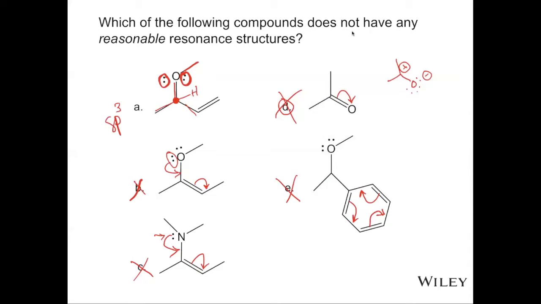There's no place for it to go. It cannot move into, because this is sp3. So A is your correct answer because there's no allylic lone pair. There's no allylic carbocation. There's not an electronegative atom double bonded to a carbon. And there's no benzene. And so A is the answer. A does not have any reasonable resonance structures.